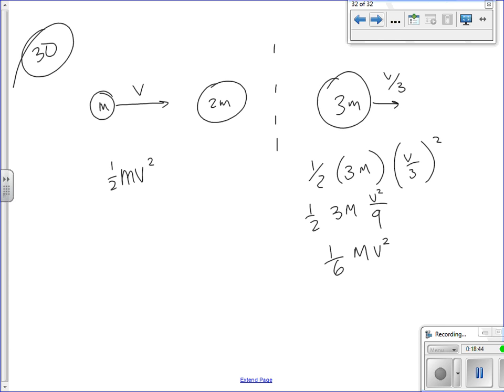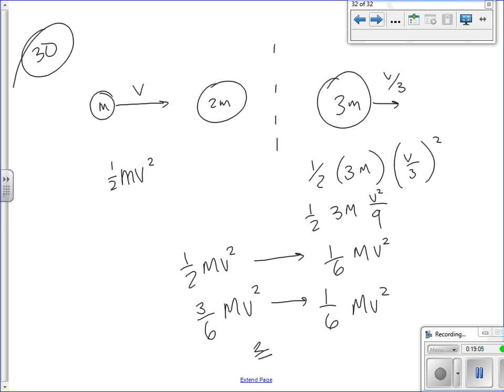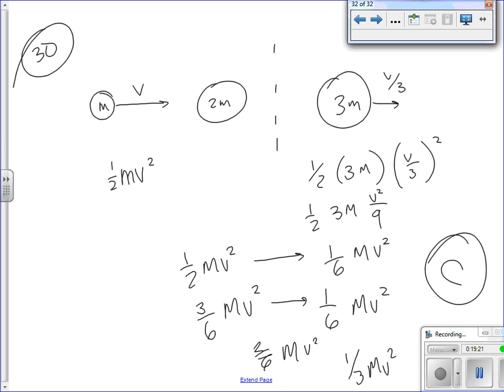We started with 1/2 mv squared, which is 3/6. It starts as 3/6 mv squared and goes to 1/6 mv squared. The change is 2/6 mv squared, or 1/3 mv squared. That is C. Love it.